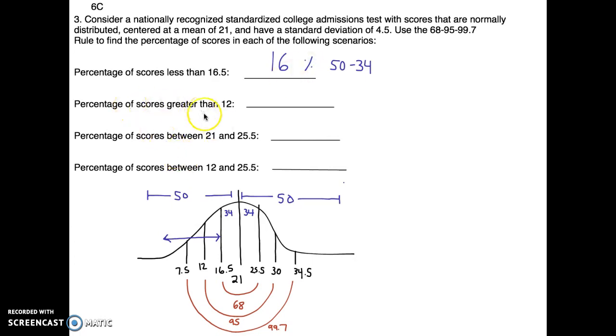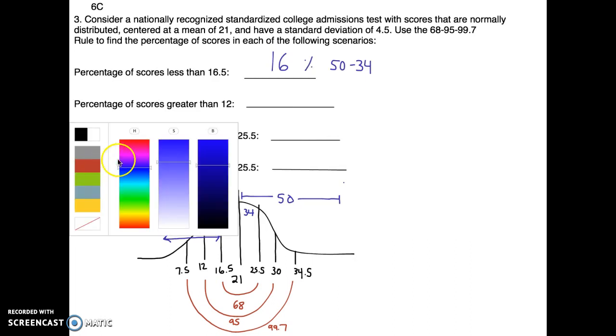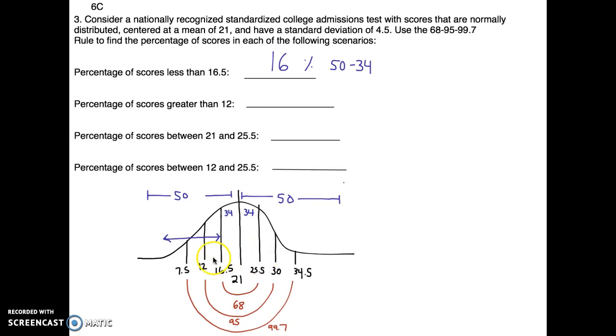And then percentage of scores greater than 12. Okay, well, 12 is right here. We want all of the scores greater than 12. Actually, let me rewind a bit and switch colors. So let's go to green.